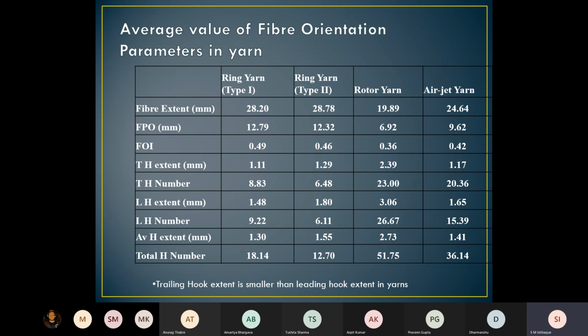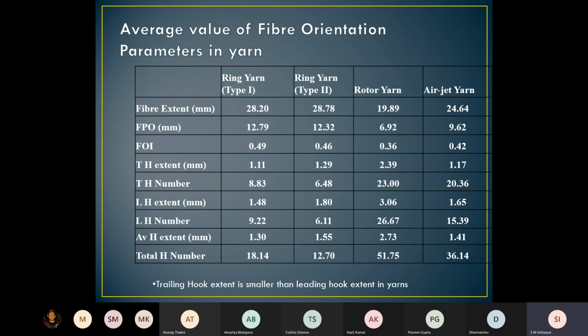When we were talking about the spinning coefficient, we explained why the fiber extent is different for different technologies. In rotor yarn, we have seen how fiber moves from the transport tube and gets deposited on the rotor, and how peeling off takes place. In both situations, some disorientation takes place.